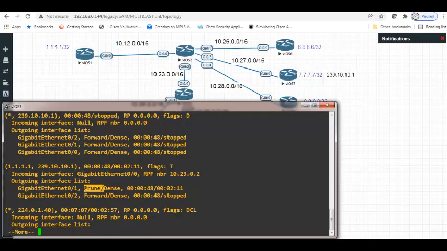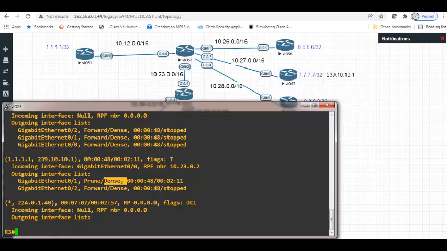But again, I tell you, after a random period of time, it will again try to forward. Again, it will prune. Forward, prune. You waste the bandwidth, waste the process. It happens. That's why dense mode is not good.